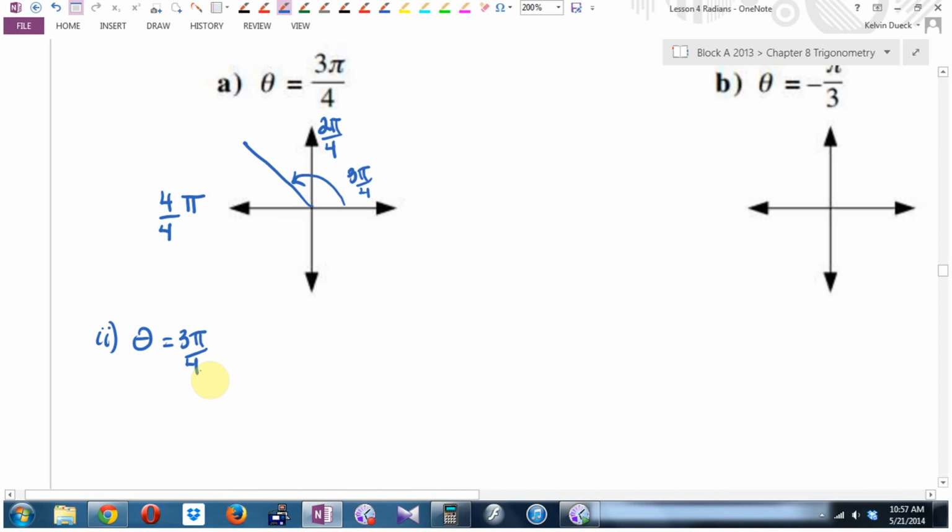Ready, Roy? How far this way? Don't say pi. Don't say 180. What direction are we going? How big is that then? I think negative 3 pi over 4 would be there, wouldn't it?